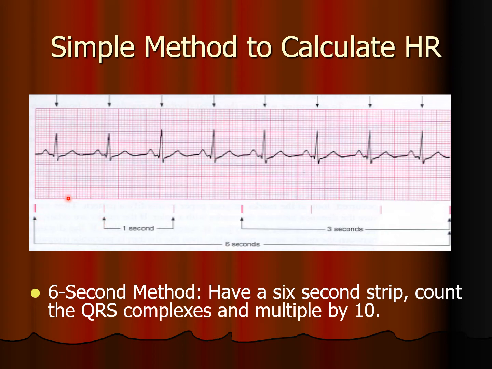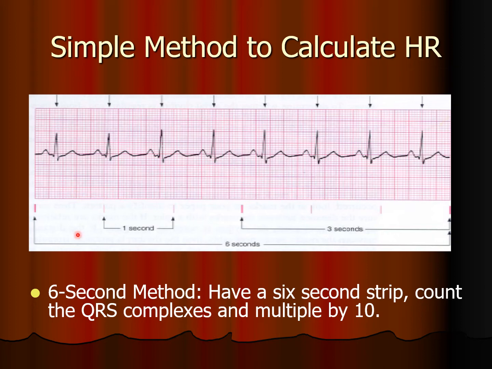So 1, 2, 3, 4, 5. There's a second. So if there's no second marker, if you count out all of the boxes, you can figure out where the seconds are as well. So for every 5 large boxes, that's a second.